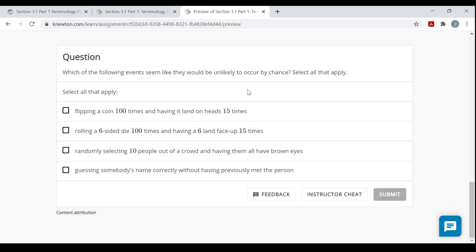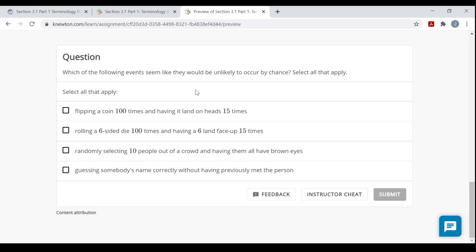So if I flipped a coin 100 times and had it land on heads 15 times, I'd say that would be pretty unlikely. You'd expect around 50, right?